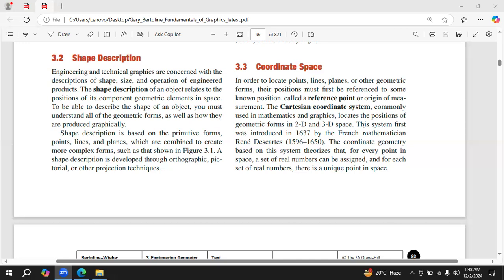And this setup, this phenomenon, is known as a coordinate system. Now we have multiple coordinate systems according to the construction or the type of model you are going to develop.